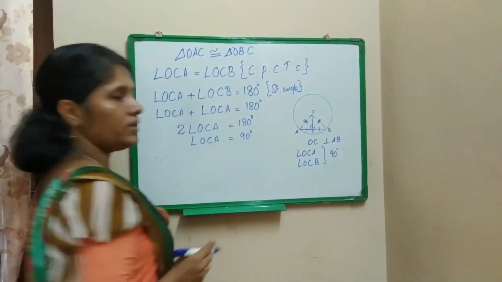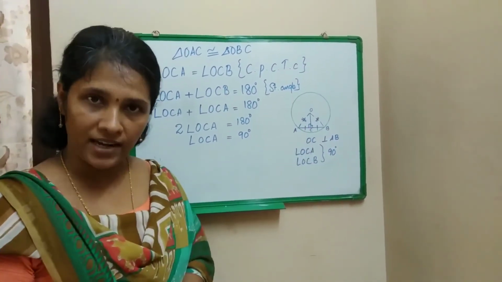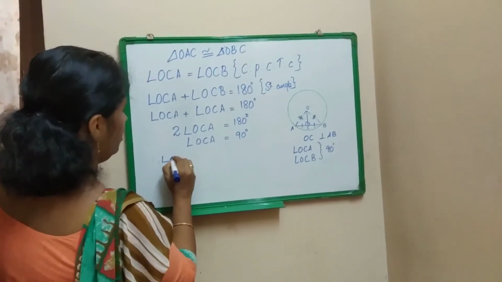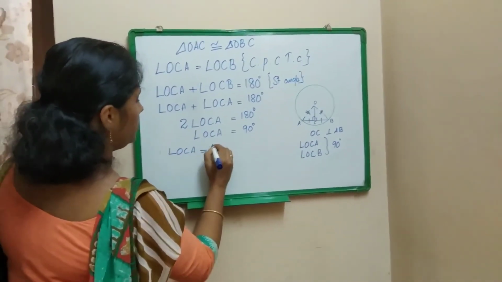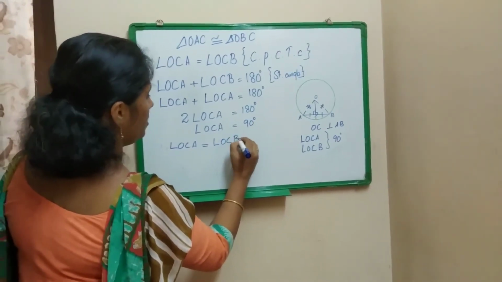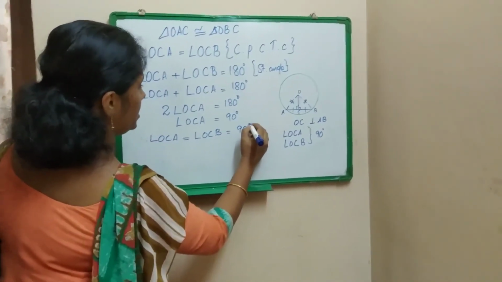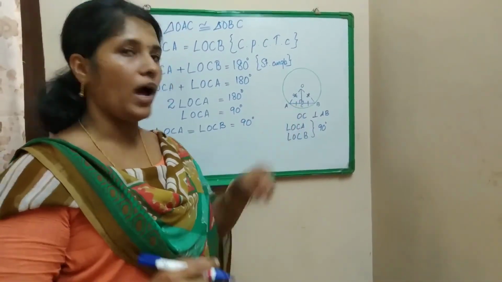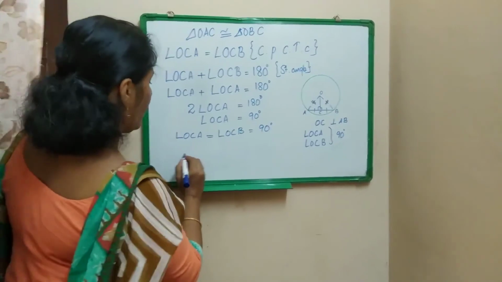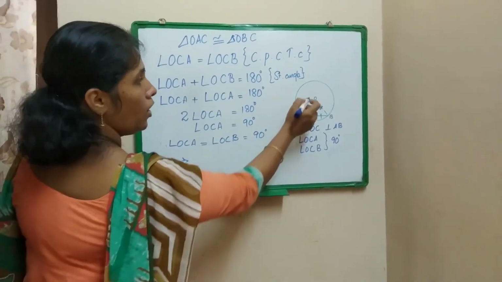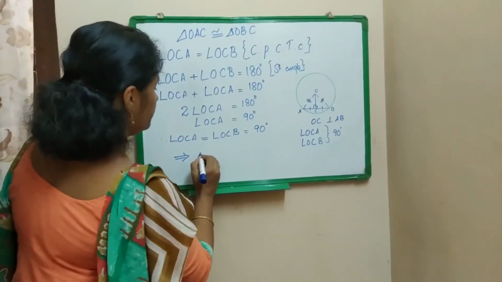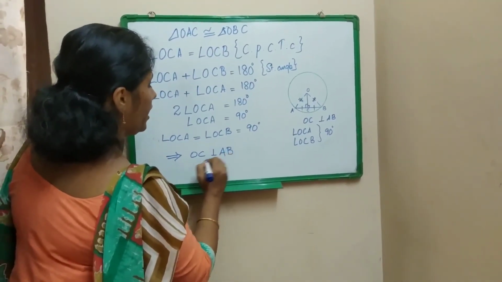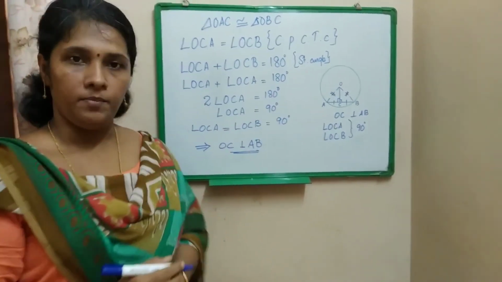So we proved that angle OCA is 90 degrees. From this statement, I can write angle OCA equal to angle OCB equal to 90 degrees. So both of the angles we proved as 90 degrees. So clearly the line segment OC is perpendicular to the chord AB. Hence the theorem. Thanks.